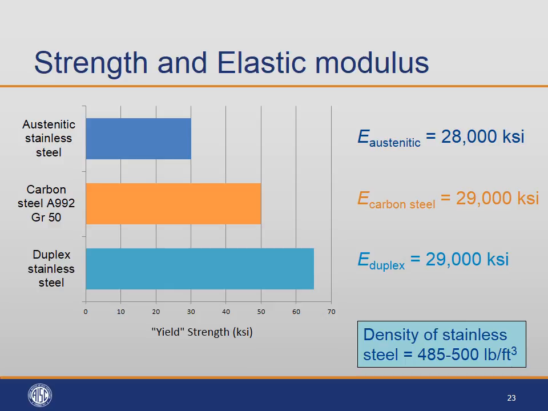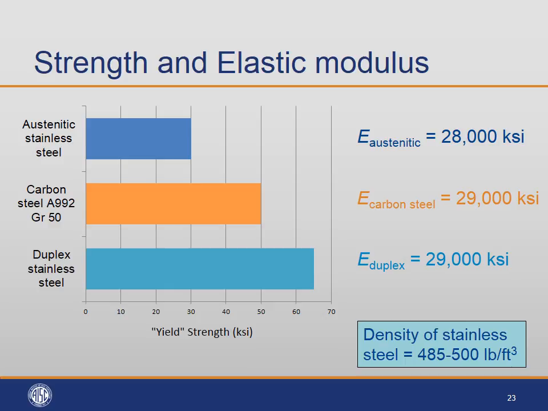So I've put really the same information here in a slightly different format, comparing the austenitic, the duplex and the carbon steel. But I've added too the fact that the initial elastic modulus or Young's modulus is more or less the same. For the austenitics we take a value of 28,000 ksi compared to carbon steel and duplex, which is 29,000 ksi.